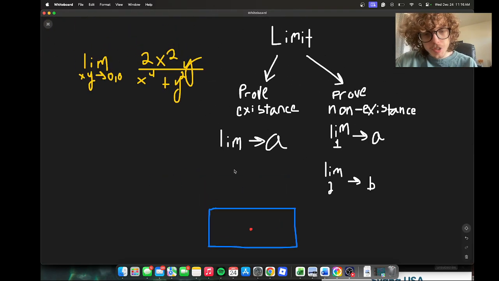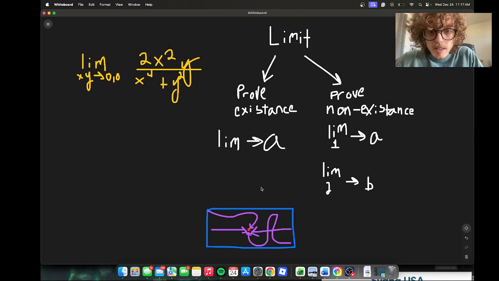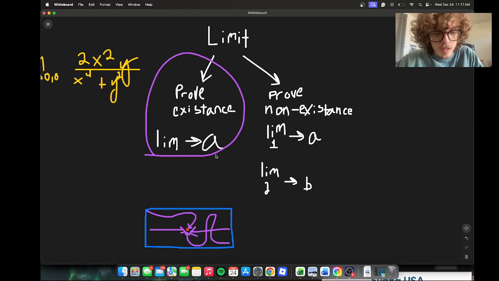This might be challenging if we go the first route to prove existence, because remember in Calculus 1, we could look at the left to the right and the right to the left. But notice now you have infinite ways to approach this point. You can approach from the corner here and zigzag around, or maybe overlap this and go back and go like that. There's a million ways to approach that point on the surface, and therefore proving existence, like we saw in Calc 1, is just not a feasible way to go about proving limit behavior.